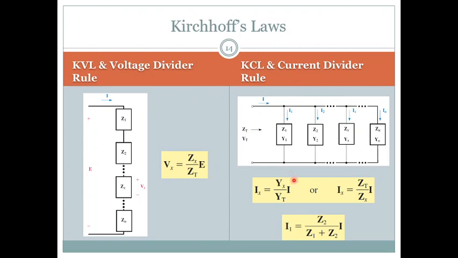Now when it comes to voltage divider, Kirchhoff's voltage law and the voltage divider, as well as Kirchhoff's current law and the current divider, instead of resistances, here we will be using impedances, right? There is no other difference than that. So Vx earlier was equal to Rx divided by R total into E. So here instead of R we have Zx divided by Zt.